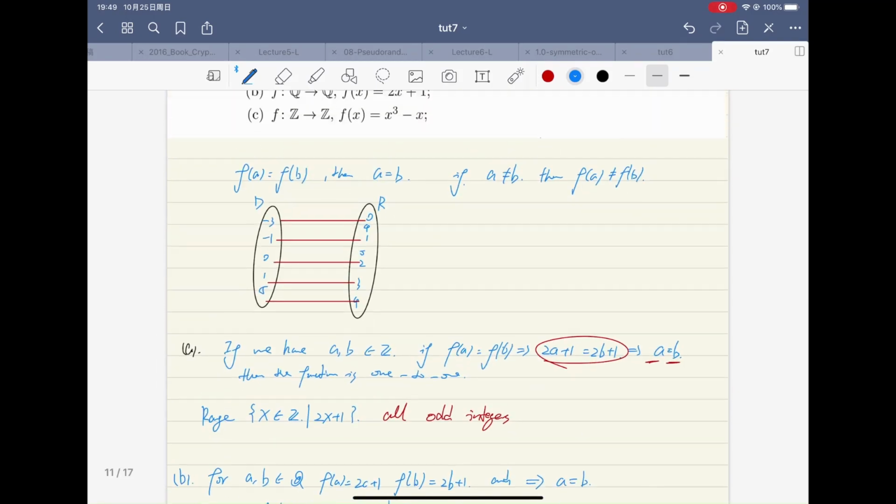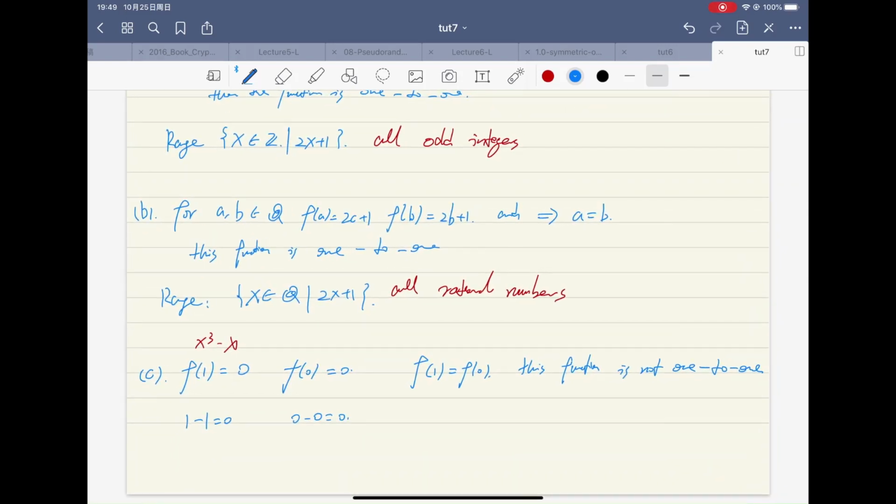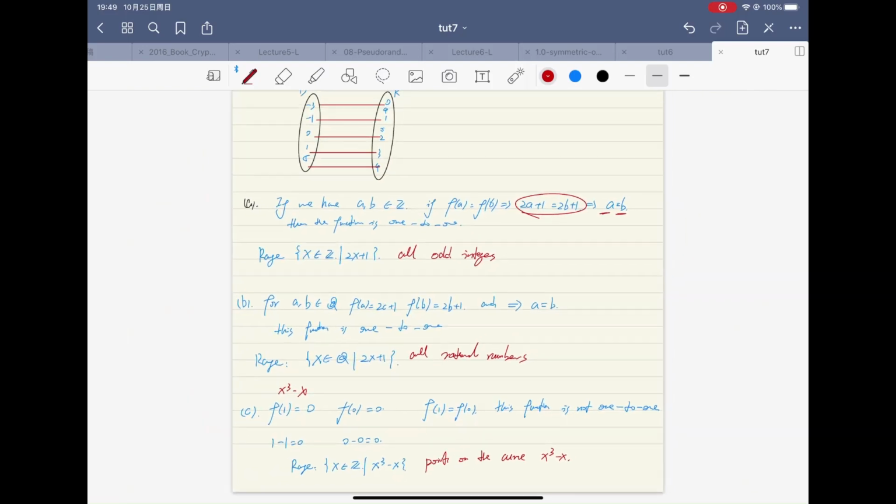And let me find the range. So the range should be x belongs to integer and x cubed minus x. This should be the points on the curve, points on the curve x cubed minus x, right?